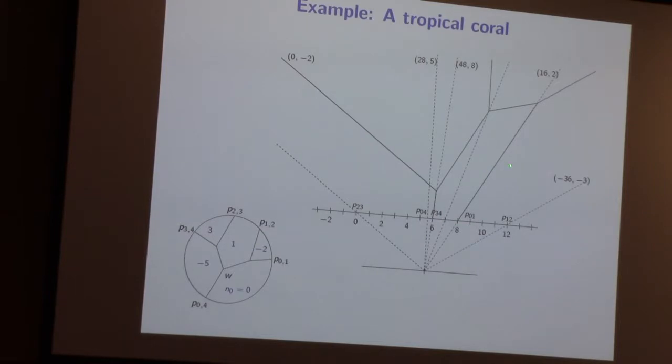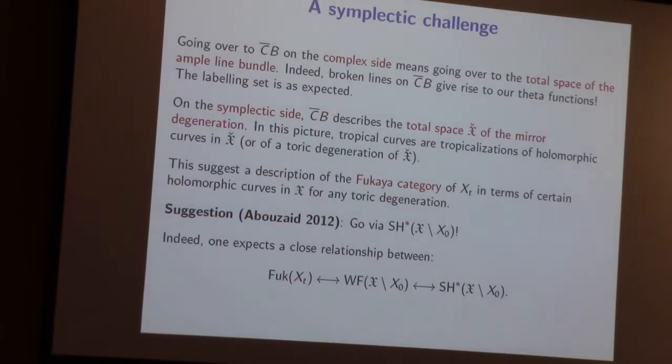You could add an arrow here, goes in here. And then it attaches to something for a positive end, that would be the P12. That's a 1 minus -2 equals 3. And this one is parallel to, where is it, this one? And you see here is the velocity vector. It's -36, -3. The second entry is what I told you is the acceleration. Yeah? So that works also fine.